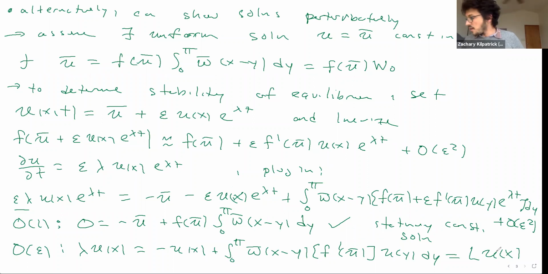So we want to figure out what are the functions U that satisfy this equation, and what are their associated eigenvalues. And once we look at those eigenvalues, we'll be able to tell whether this stationary state is stable or not, okay? And if there's instabilities, what emerges from those instabilities?